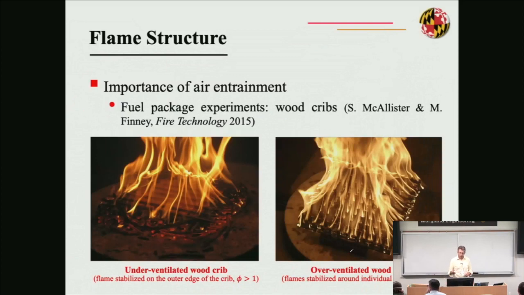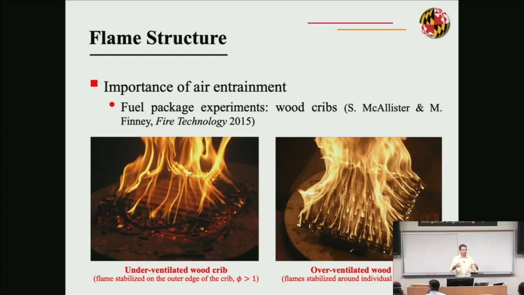I want to bring an experiment that was performed also by Mark Finney and Sarah McAllister at the Missoula Fire Science Laboratory, where they were looking at wood cribs and the implication of this analysis. On the left, you have a wood crib that is on the floor, and is capable of entraining air from the surroundings.